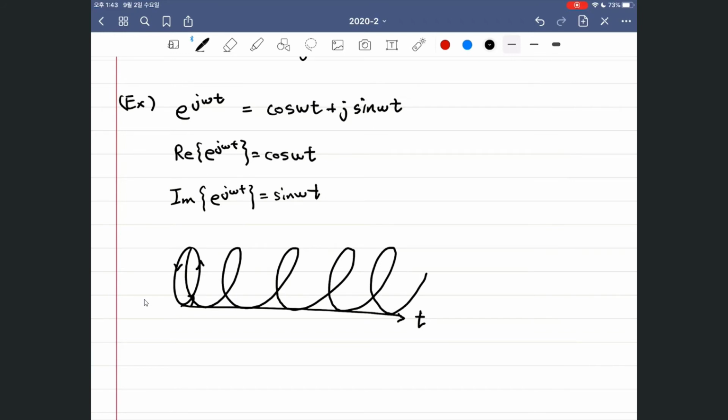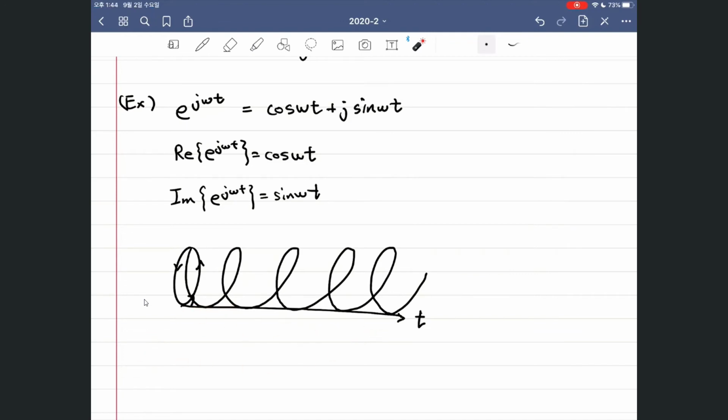I'm very sorry, my drawing is terrible. You can think of the real part right here by projecting this circular motion onto the real axis.